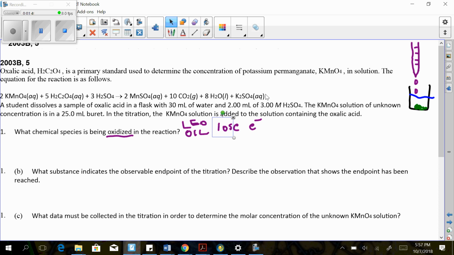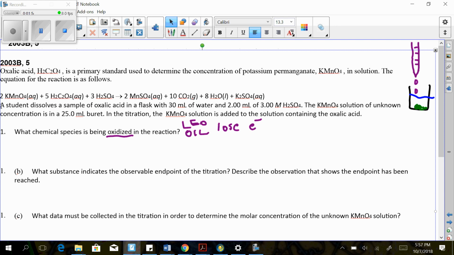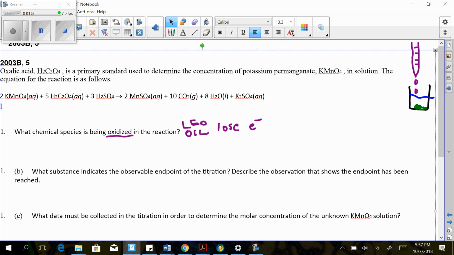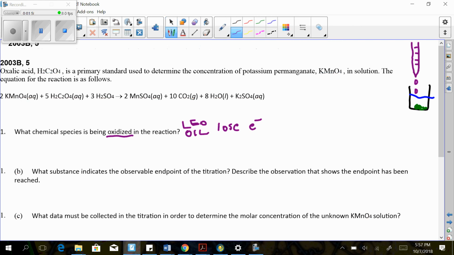Let's take a look at this first one. We have oxygen. This is not one of our exceptions where it's peroxide or it's with fluorine, so it must be a -2. If we have 4 of them, the oxygen is a -8.